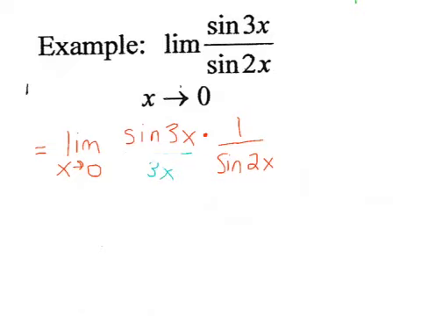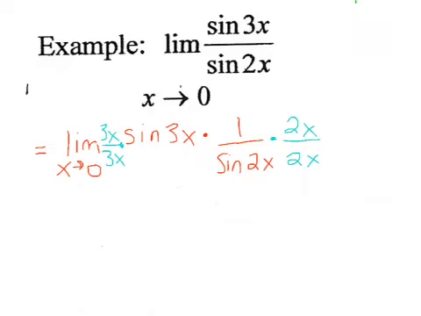So I'm going to multiply by 3x over 3x. And then I also want to give this other term a 2x on the top. So I'm going to multiply by 2x over 2x.